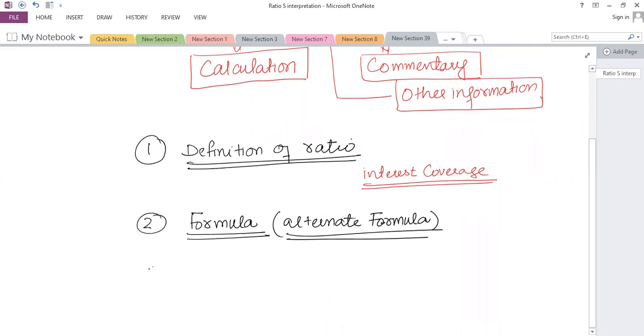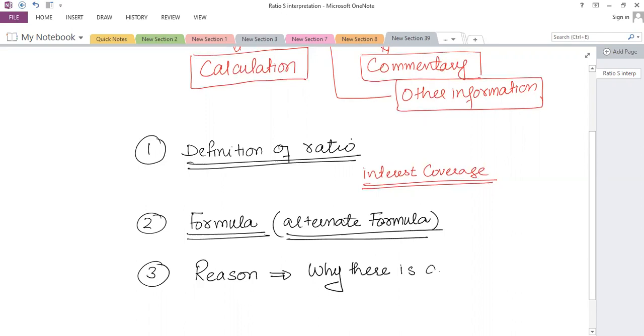And the third thing is, if you have calculated a ratio and you are comparing it with the industry average or the competitor or your previous year performance, then you have to evaluate the reasons why there is a change. That is a thing where students are very poor.